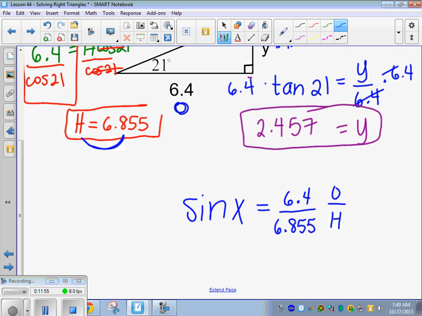So it's over hypotenuse, and we just solved for h, right, in our last step. Yeah, so that's going to be 6.855. Good. Good. All right. Now, we're trying to find x.